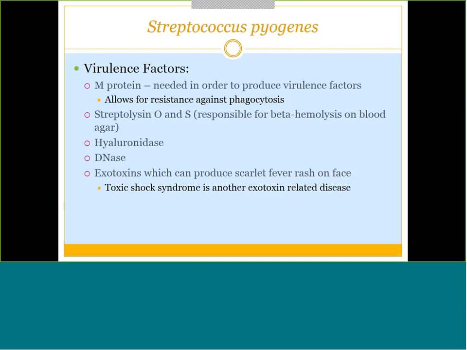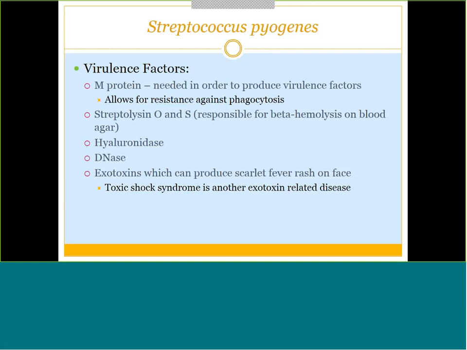There's one exotoxin that it produces called an Erythrogenic Toxin. Again, that's erythro, as in red, think of red, Erythrogenic Toxin. That's actually what's responsible for the rash with scarlet fever. Scarlet fever is another disease caused by Strep pyogenes, and there's a specific exotoxin that makes the characteristic scarlet fever rash that goes with it, and that's the Erythrogenic Toxin.